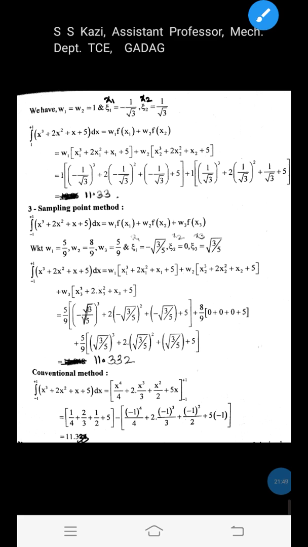But this evaluation of the integral is restricted to only the limits from -1 to +1. Okay, my dear students, in the next video we will learn how to evaluate the integrals from limits other than -1 to +1. I hope you have understood this 1-point, 2-point and 3-point Gauss method and how to evaluate the integrals by using these point methods.